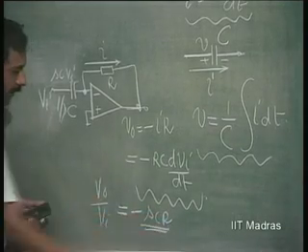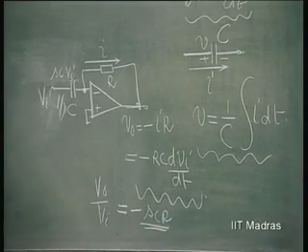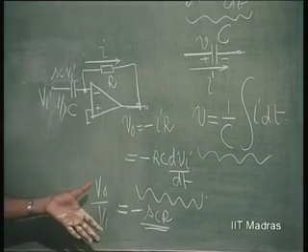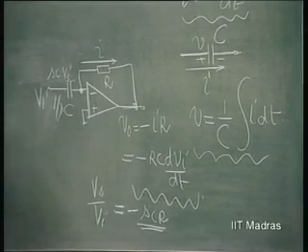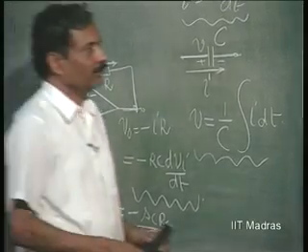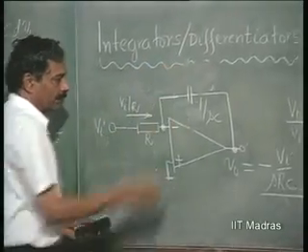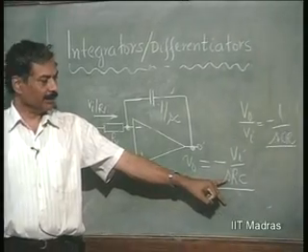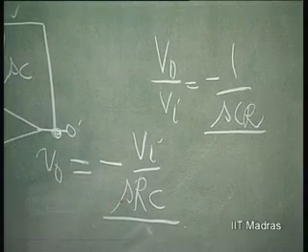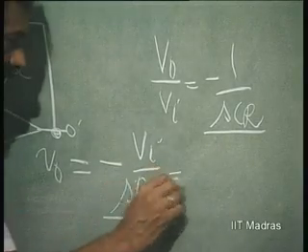So, S C R V I. So, these are the transfer functions of these two blocks, which are very important linear building blocks. What happens? Let us understand. For DC, that is, put S equal to j omega and consider for DC.